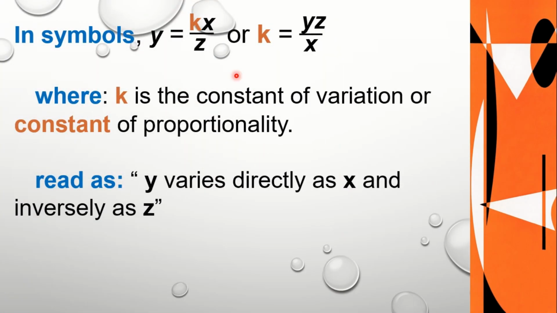In symbols, we write y is equal to k times x over z, or k is equal to y times z over x, where k is the constant of variation or constant of proportionality, read as y varies directly as x and inversely as z.